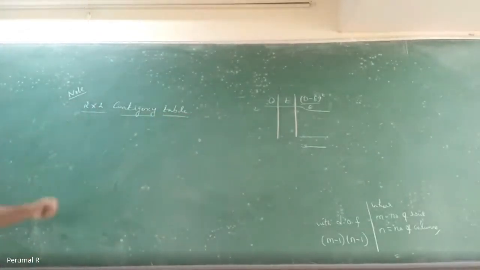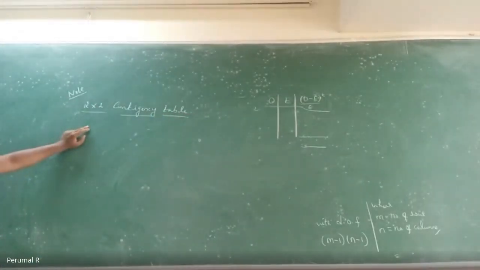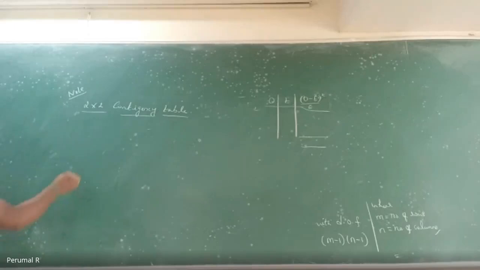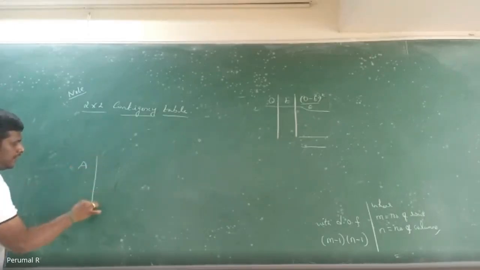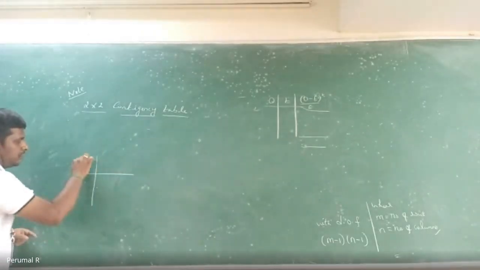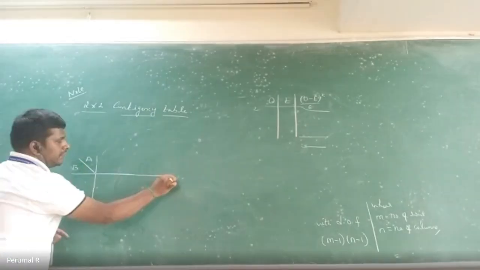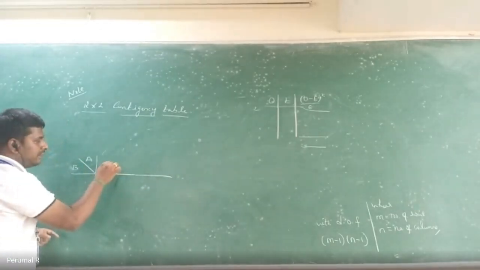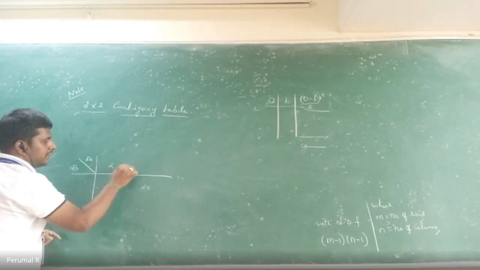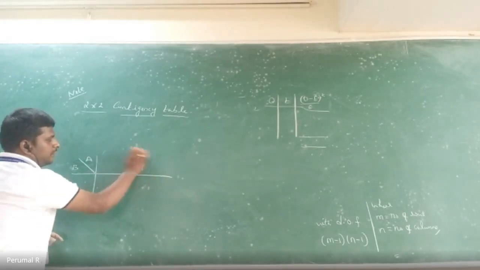It is a 2 by 2 contingency table. In the given data we have 2 attributes, A and B, and the categories are given, two kinds of categories.